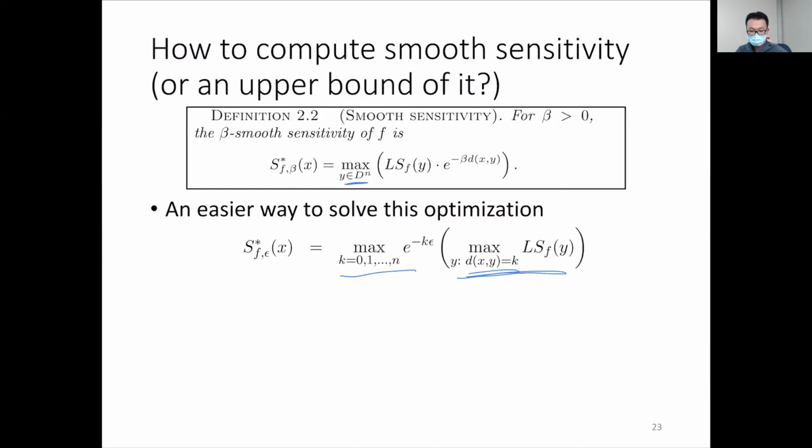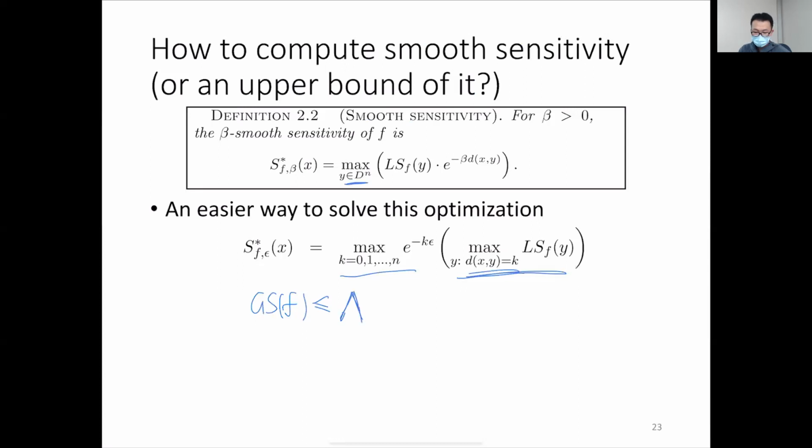So I should enumerate over different choices of k, and then multiply that by e to the power of minus k epsilon, and then I compute the pointwise maximum. So one possibility to make this computationally efficient is to say that this f actually has a global sensitivity that's not too crazy. In the median case, the global sensitivity of f is smaller than lambda.